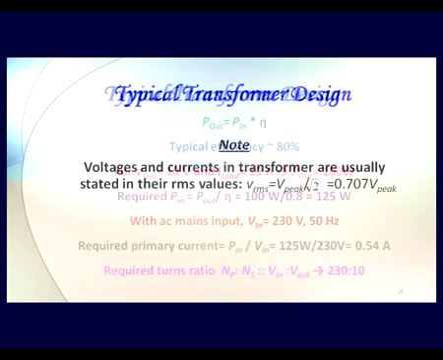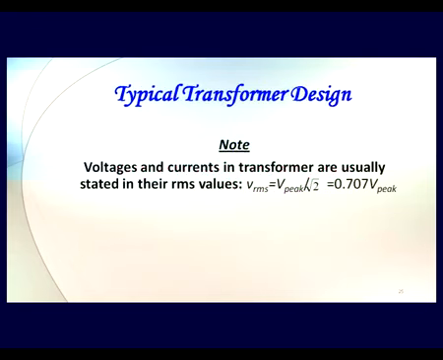One important thing we should remember about the transformer is that the transformer voltage and current ratings are stated in the RMS or the root mean square values of the actual current and voltage. So if you want to talk about the peak amplitude of the voltage or current, for that matter, handled by that transformer, you have to always multiply the value of the voltage stated by root 2 so that you get the peak value.